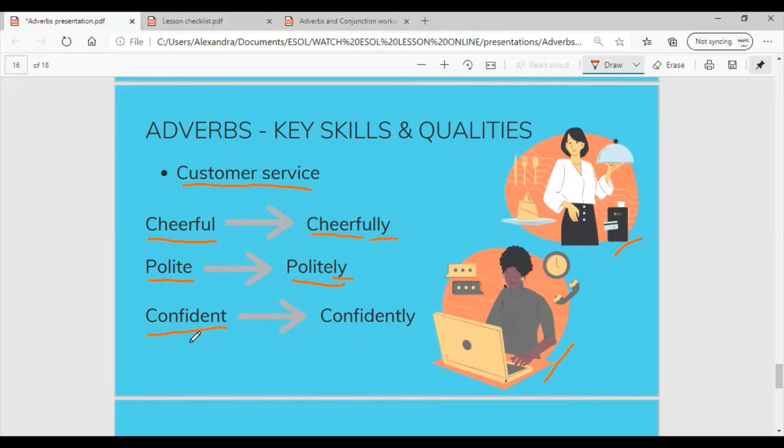And confident, the ability to speak clearly and without worrying, to be able to present yourself well. This is another way the adjective turns into the adverb, confidently. So we've got our adjectives here, and we've got our adverbs here. You can just see quickly how this adjective turns into the adverb.